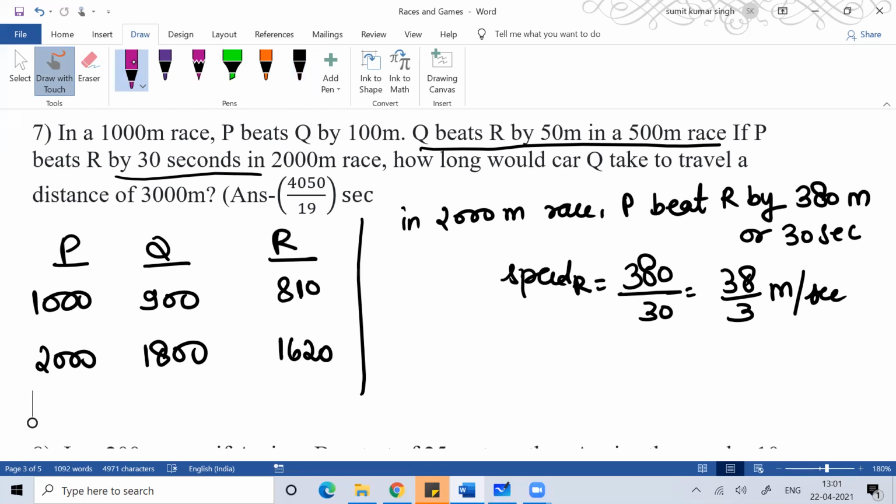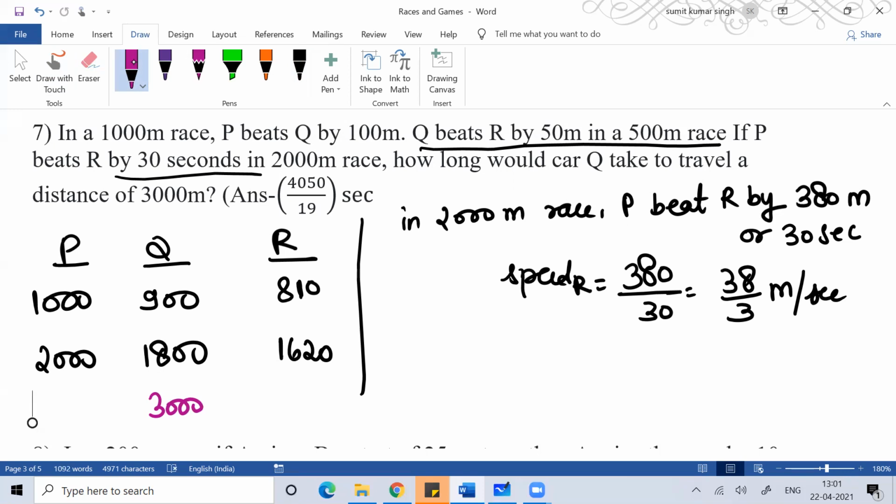Then, how long would car Q take to travel a distance of 3000 meters? If I talk about a 3000-meter race, it means when Q has covered 3000 meters, how much would R have covered?